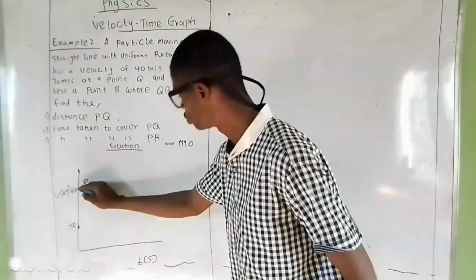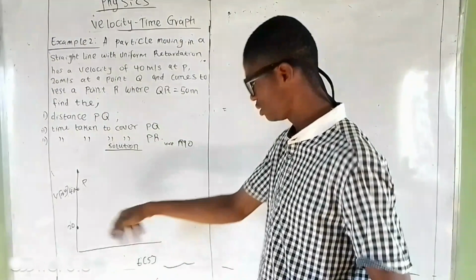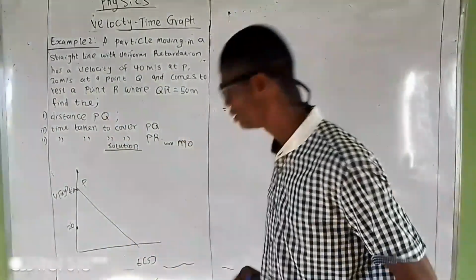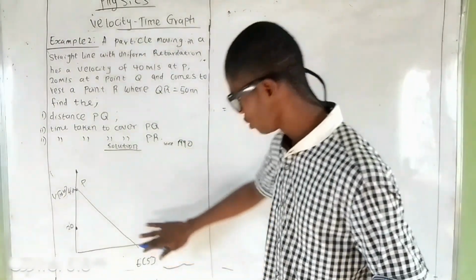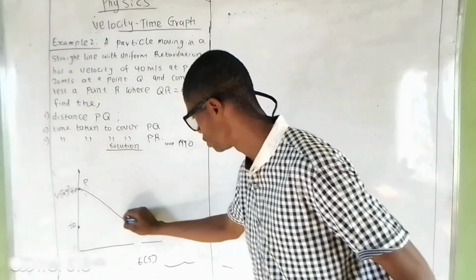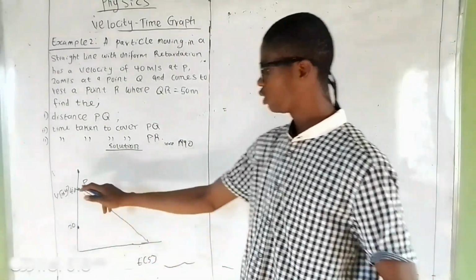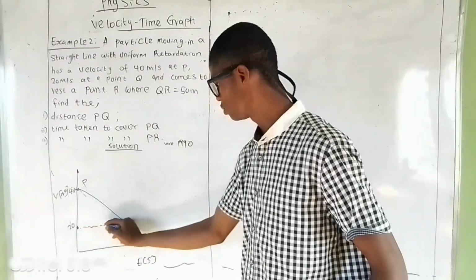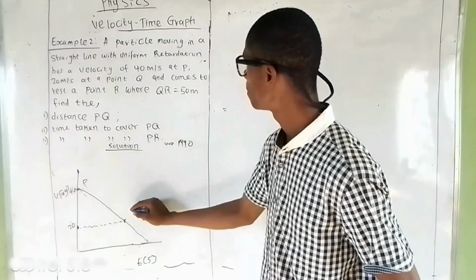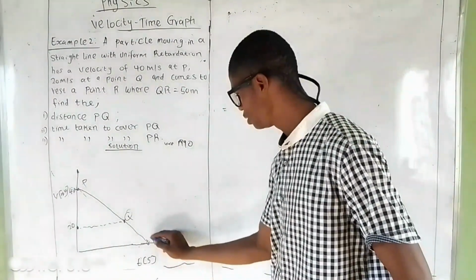If I want to draw it, it was retarded. That means it will come down like this, instead of going up. Let me make it wider so that you can see space to do more stuff. So it comes to rest. Here is point P, here will be point Q, and finally point R is here.